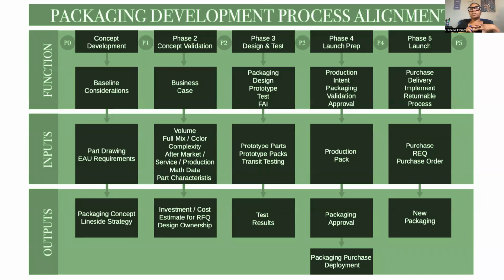And then this is another thing called an FAI, which is a first article inspection. So that is just another opportunity to look at the packaging with the part in it. The engineering team and the program management team look at the FAI as an opportunity to approve a part, or you're getting closer to approving a part.